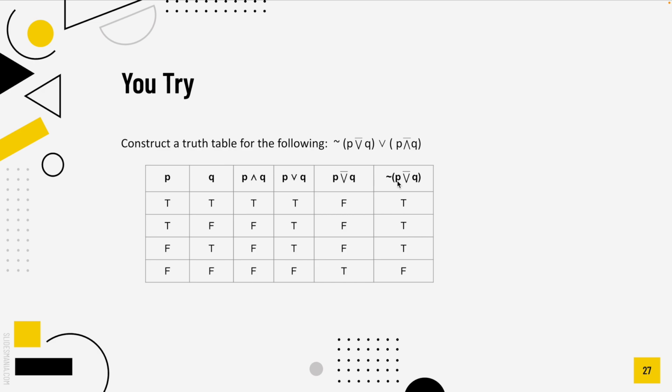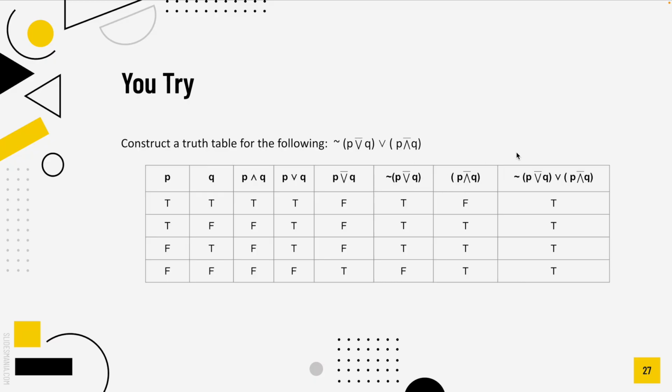So I have negation of P not or Q. And so now I am looking at my not P not or Q and my P not and Q, so these two columns, and I'm seeing the or.